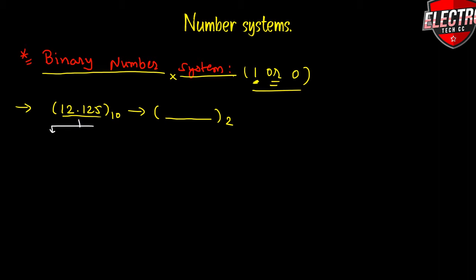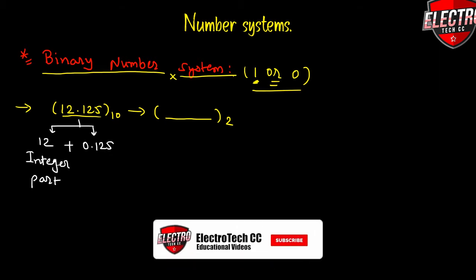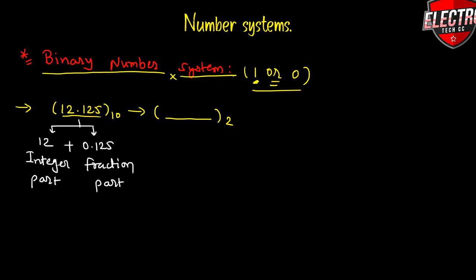The first part is the integer part, that is 12, and the second part is the fraction part, that is 0.125. If we add both these values, 12 and 0.125, then we get the original number 12.125.